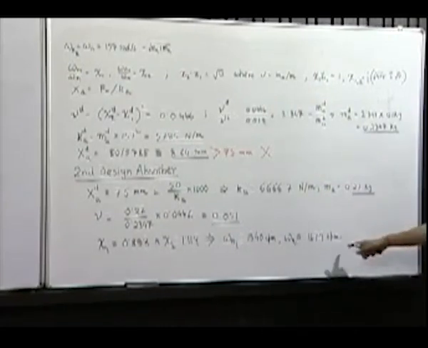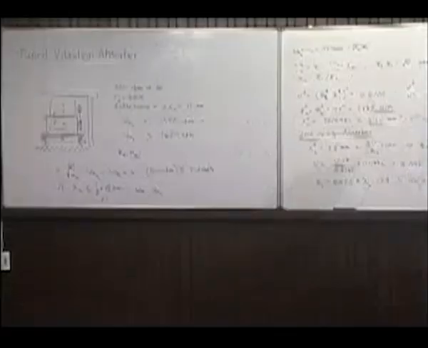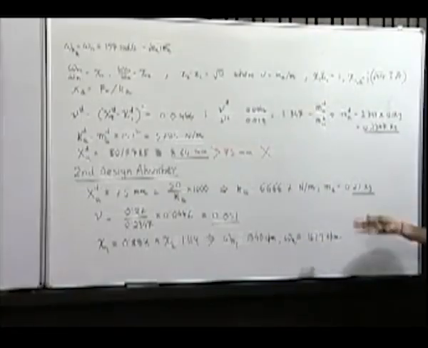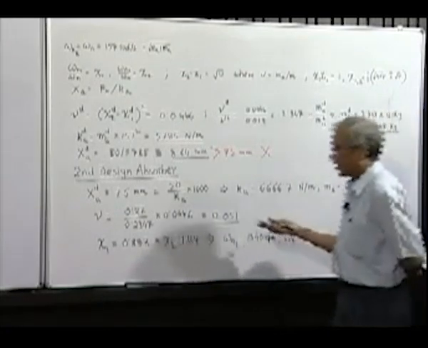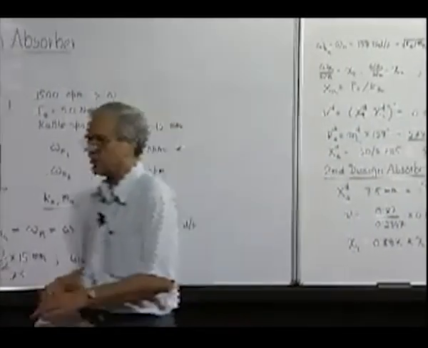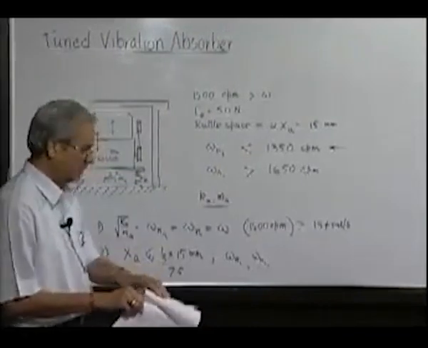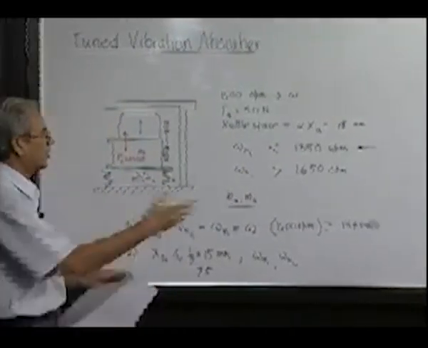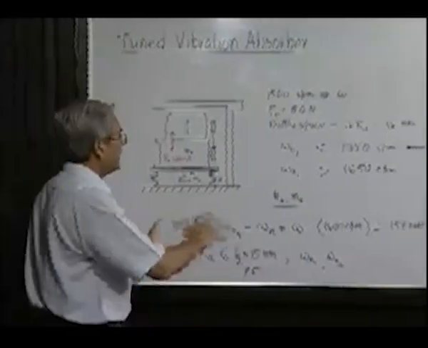So, now we find the lower one is below 1350 and the upper one is above 1650. So, it is satisfying the frequency condition also. This is just a simple example of indicating how an absorber is actually designed in a real life situation. It is always a trial and error back and forth process satisfying various constraints.